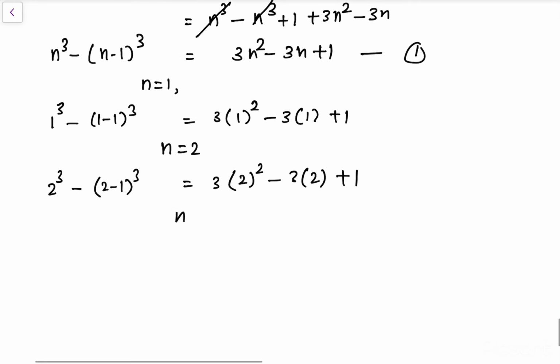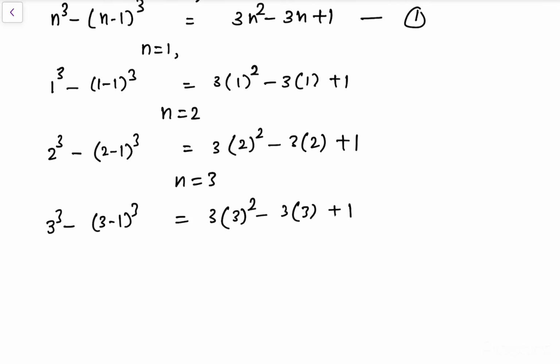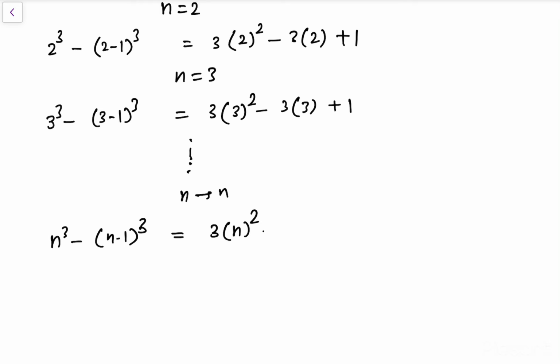Let's put one more value, n is equal to 3. It becomes 3 cube minus 2 cube equals 3 times 3 square minus 3 times 3 plus 1. Okay, we got the trend here. So if we put n is equal to n, it becomes n cube minus (n minus 1) cube equals 3n square minus 3 times n plus 1.